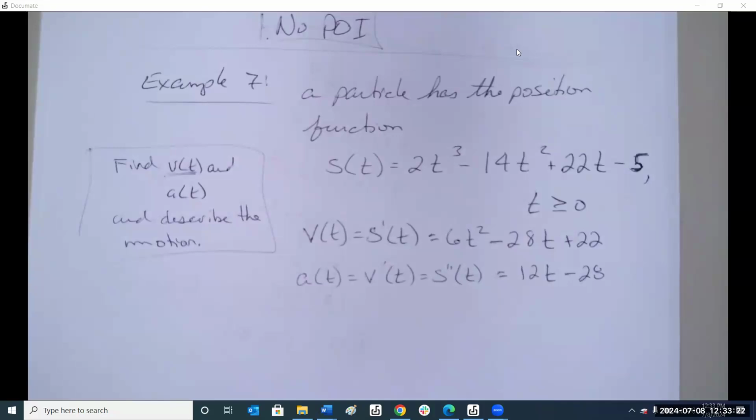So what do we know here? Describe the motion. Are there any vertices? Where?